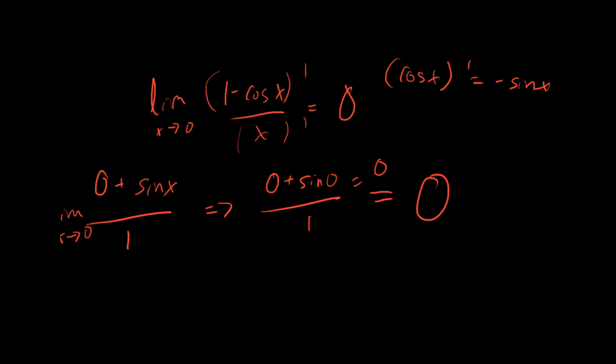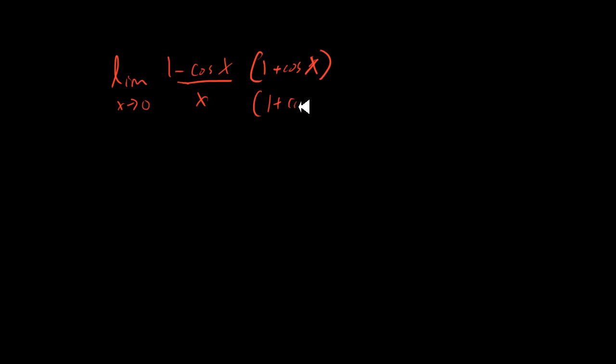Now I'm going to show you using the first special limit to prove this. The limit as x approaches 0 of 1 minus cosine x over x. Let's multiply the top and bottom by the conjugate of 1 minus cosine x, which is 1 plus cosine x.